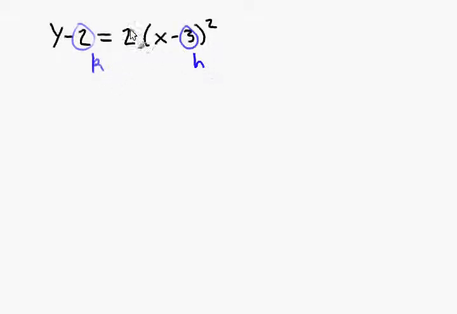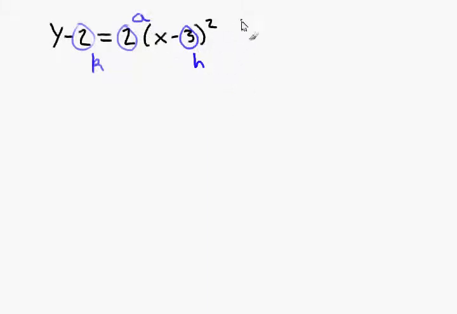So here's an example. I want to look at the parabola y minus 2 is equal to 2 times the quantity x minus 3 squared. Now, this is k, this is h, and this is a.